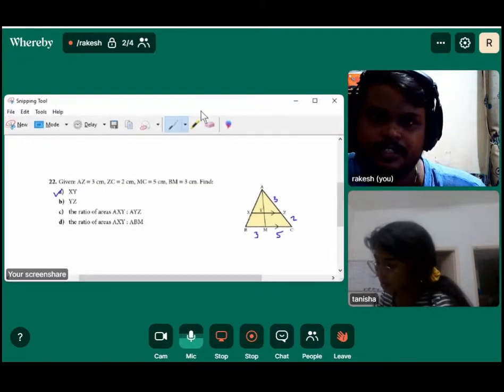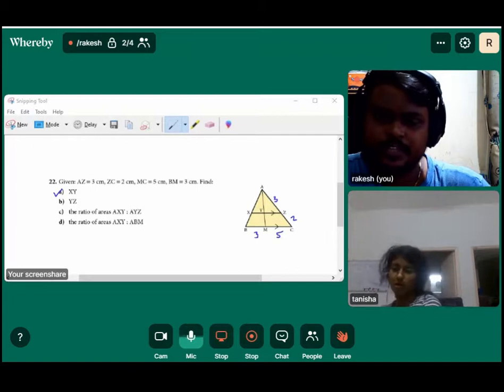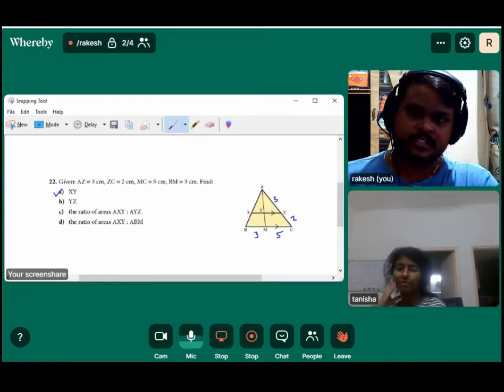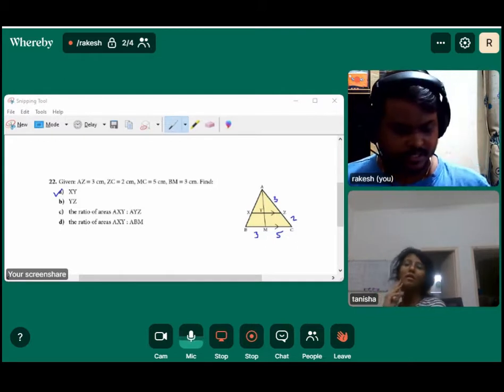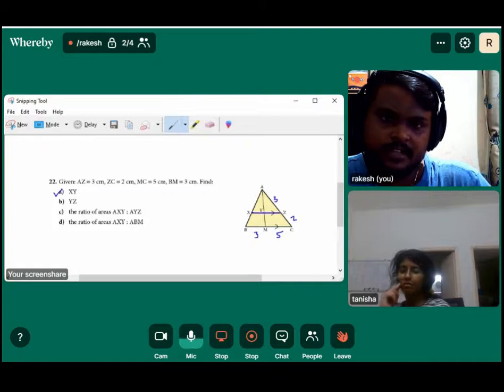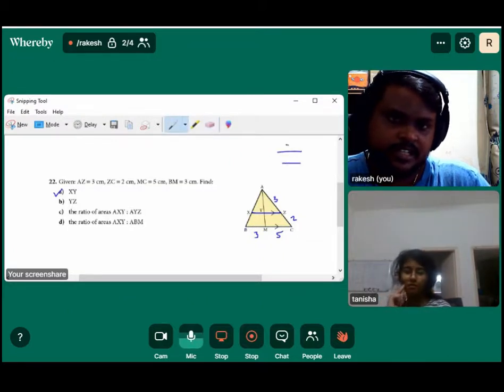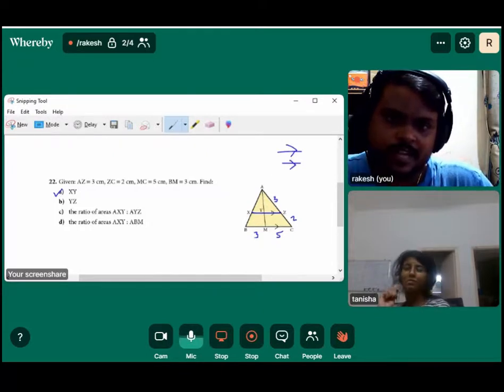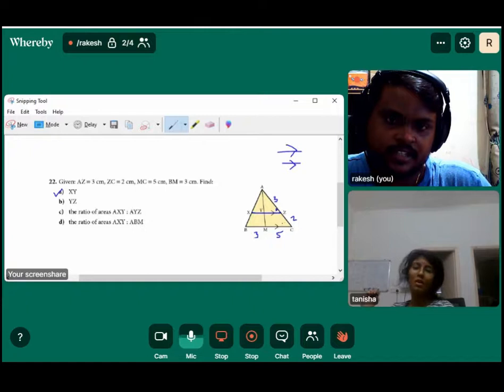Okay. So see, in this question, we need to prove what the similar triangles are here. These two lines are parallel. Line XZ is parallel to BC. They have already given the notation here on this line, which means they are parallel. So if they are parallel, their corresponding angles are equal.